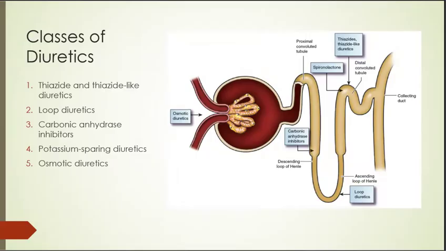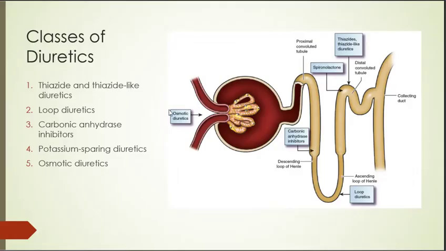We'll cover thiazide diuretics, loop diuretics, carbonic anhydrase inhibitors, potassium-sparing diuretics, and osmotic diuretics. So by the end of this lesson, you'll know where each works, how it works, the major adverse effects, and their key nursing points. Remember, same goal, remove excess fluid, different location.